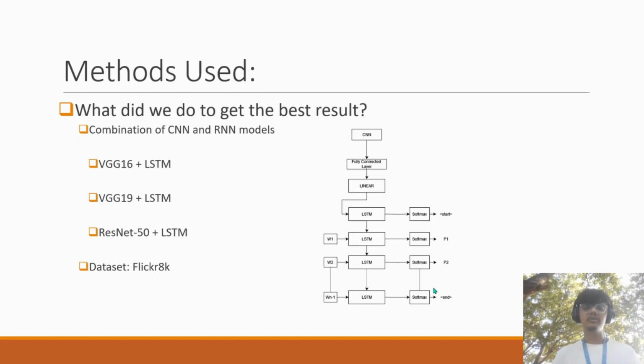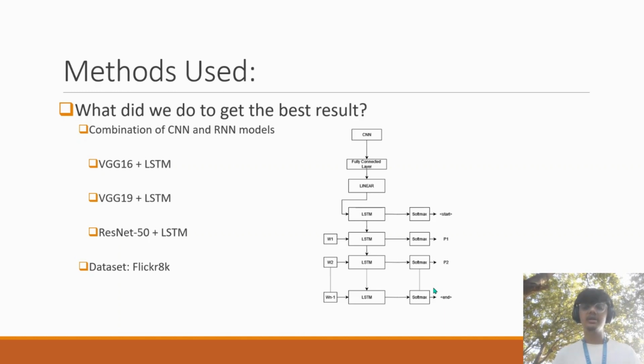For CNN models, we have used VGG16, VGG19, and ResNet 50. And for recurrent neural network, we have used LSTM. As you can see over here, we have used the VGG16 plus LSTM model, VGG19 plus LSTM, and ResNet plus LSTM. The data flow goes like this: the CNN model is used for feature extraction from the image, which gives the end result of a feature vector in a single dimension, and that is fed to the RNN model.